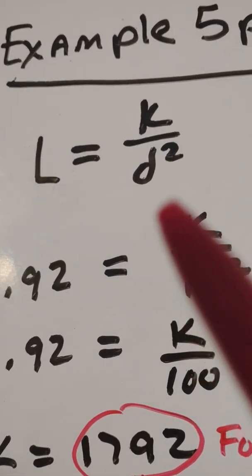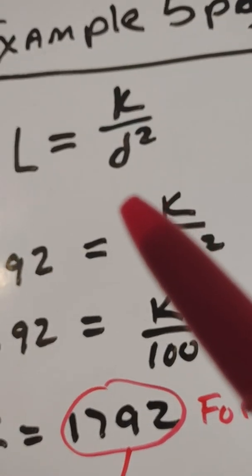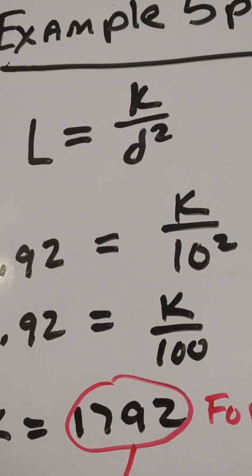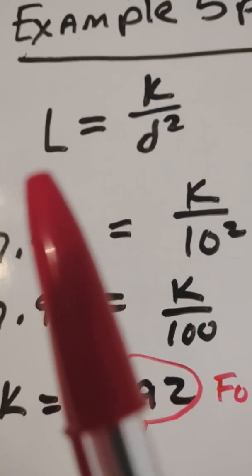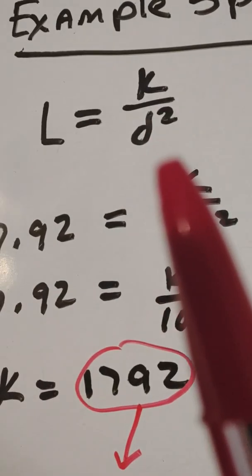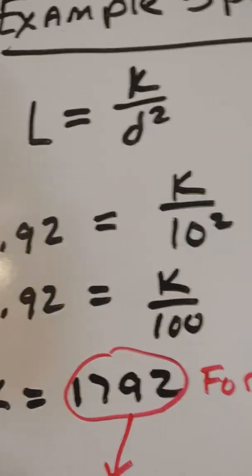Remember, it said inverse, so we know K is on the top and our second variable on the bottom. And make sure you notice the first variable mentioned is always the one that is by itself. The second variable mentioned is always the one with K.